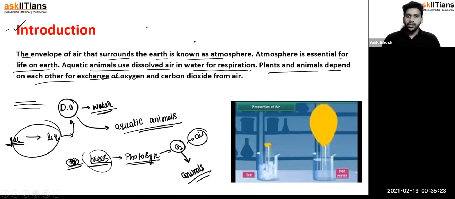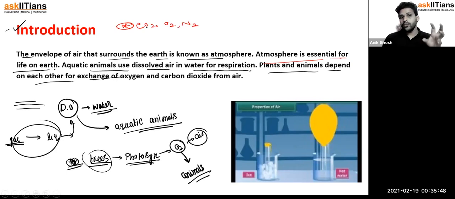So far I think we have learned that air is a very important ingredient of the atmosphere, right? In the atmosphere there are so many different types of gases, like carbon dioxide, oxygen, nitrogen, and they have a particular proportion that we have learned so far.